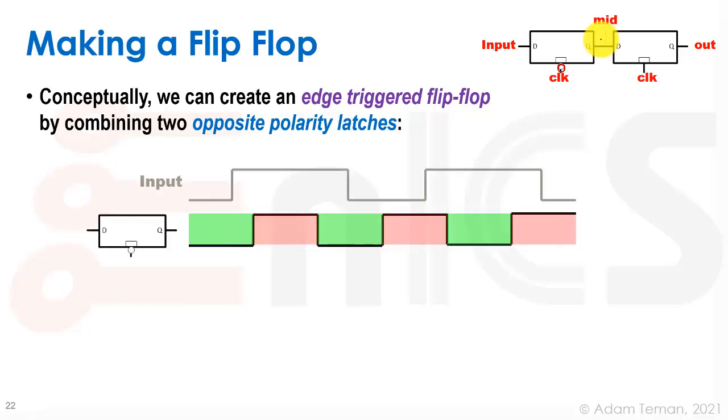So we have the input over here, and we take our negative edge latch over here, and you see that the green area is where this latch is transparent, and the red area is where this latch is opaque. So again, what we're going to do basically is follow what the signals should cross here. In the green area, we copy the input, so we're going to get something like this at the midpoint over here.